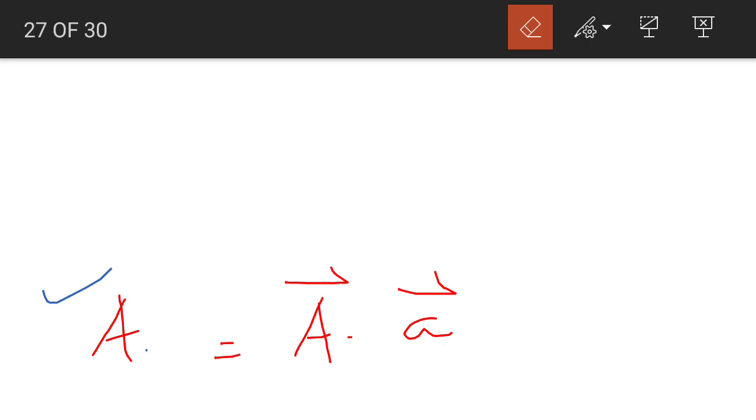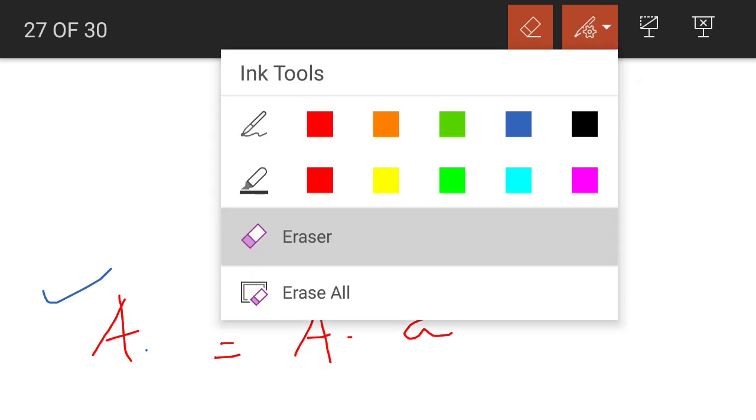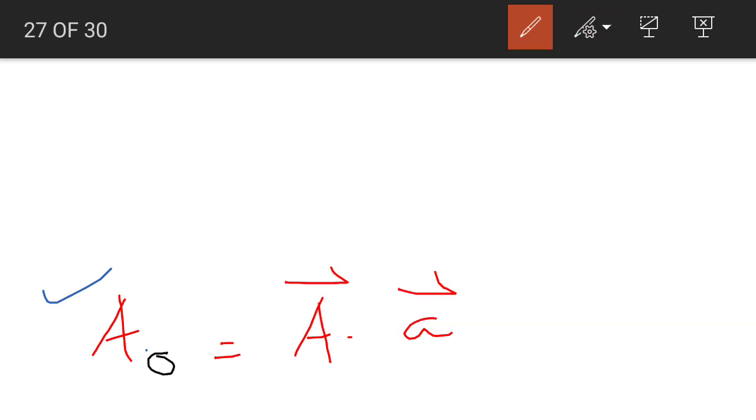Finally, we compute the phi component of this vector. The phi component will be equal to A dot a phi. We put the value of A, and we simplify the scalar product on the right hand side of this equation with the help of table number 1.5, 1.6 and 1.7, and we obtain the equation for the scalar component A phi.